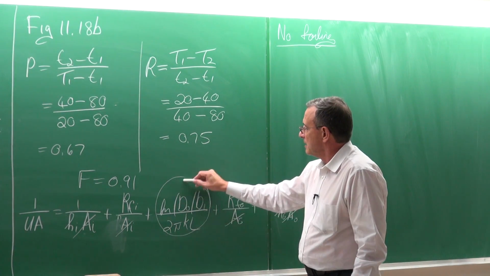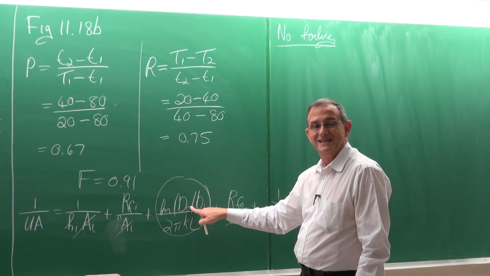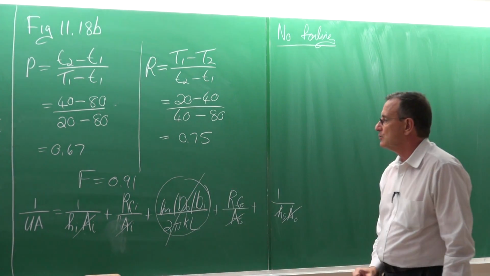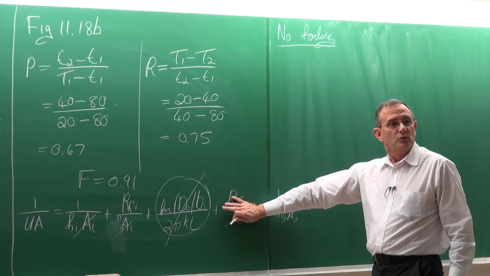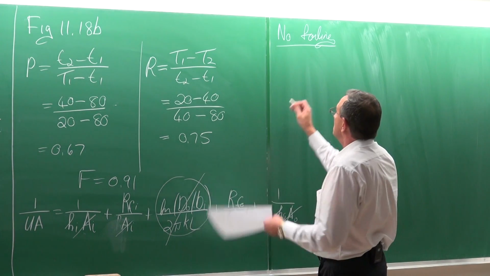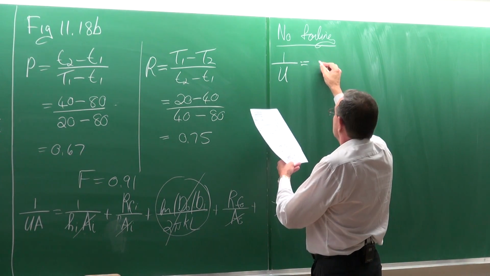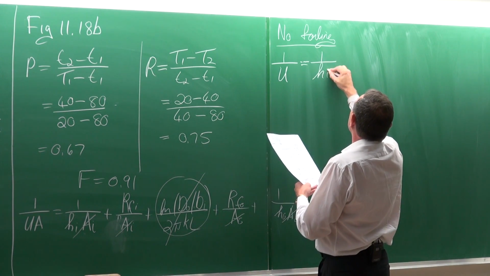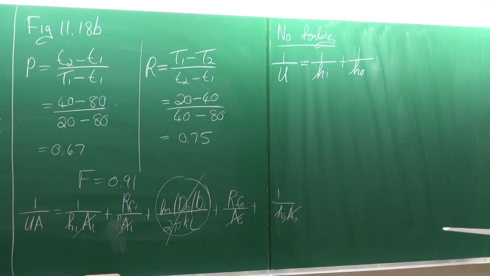Again, this is thin, so the ln of those two diameters would be 1, so it's 0. So that term is negligible. Okay. If there's no fouling, then obviously this term also disappears. So it means that 1 divided by U can be written as 1 divided by the heat transfer coefficient on the inside plus 1 divided by the heat transfer coefficient on the outside.